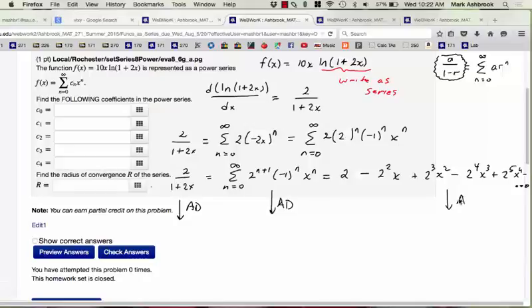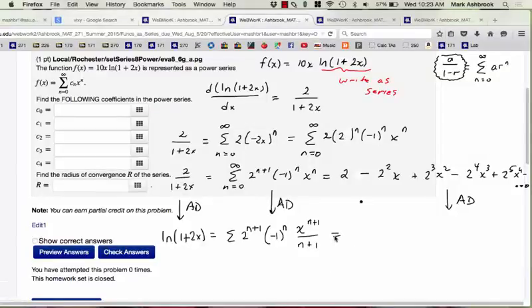And I want to do it also. We know antiderivative of 2 over 1 plus 2x is ln of 1 plus 2x. Antiderivative of this is going to be 2 to the n plus 1, negative 1 to the n. That all just stays the same because it does not have to do with x. And then what do we get? x to the n plus 1 over n plus 1.